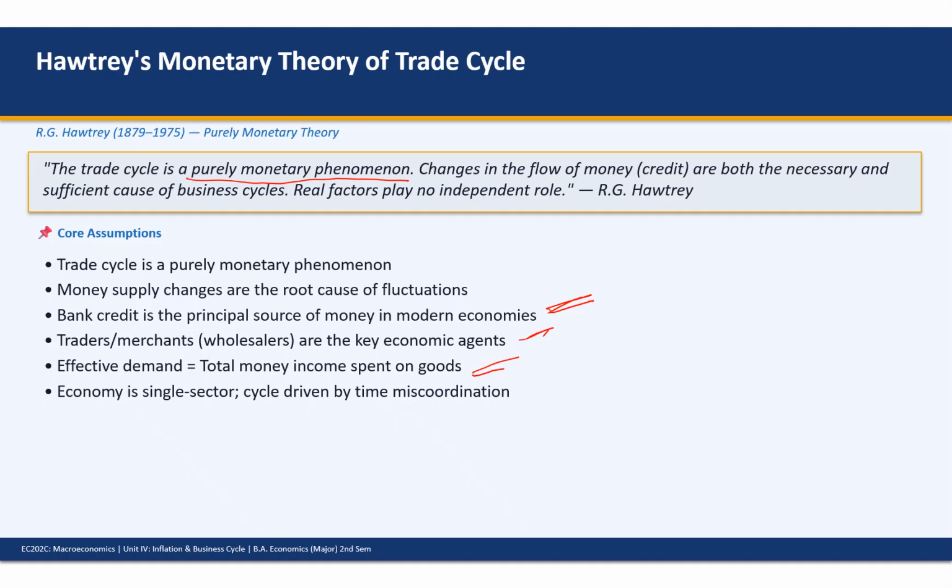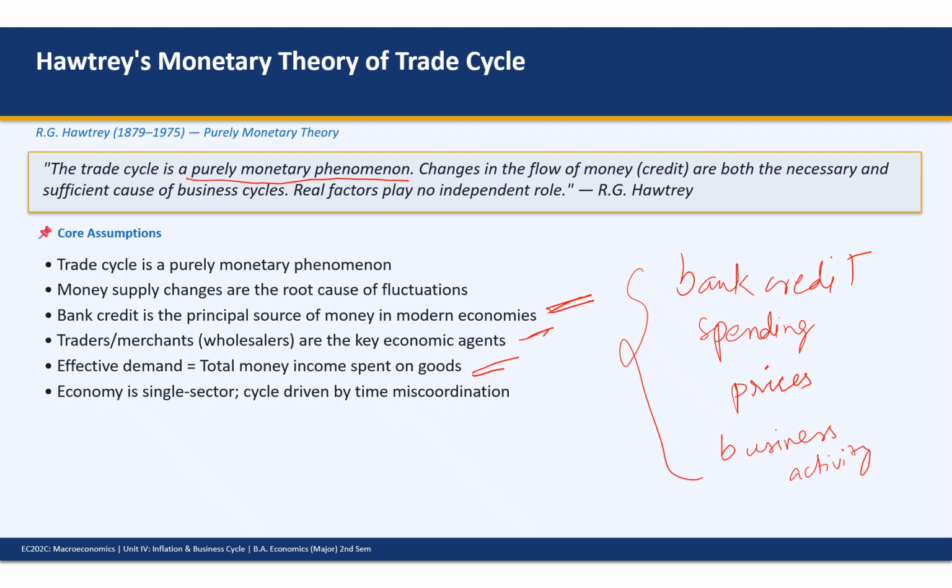So why does Hawtrey's theory matter? Hawtrey's theory is important because it clearly shows the link between bank credit, spending, prices, and business activity. Hawtrey's theory links all four of these activities.